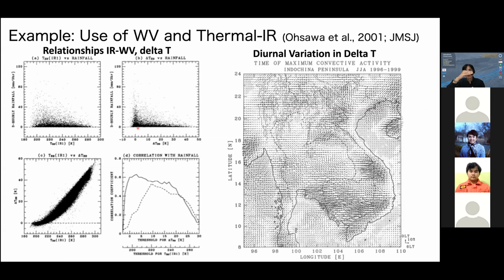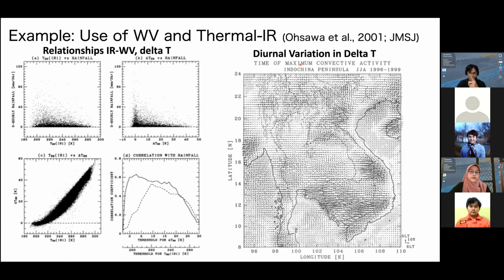This means we can potentially capture precipitable cloud like this. They utilize this delta TBB, the IR minus water vapor channel at 7 micrometers, as a proxy of precipitable cloud. Then they make these fantastic and psychedelic figures.